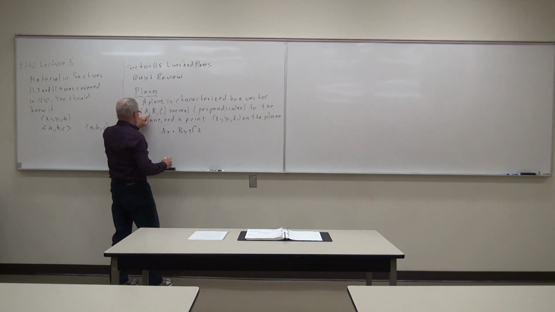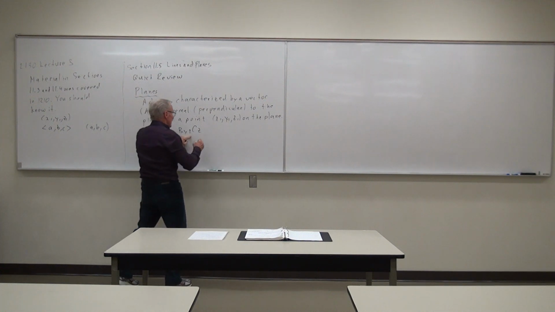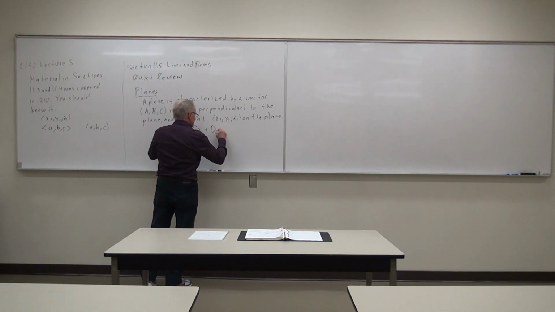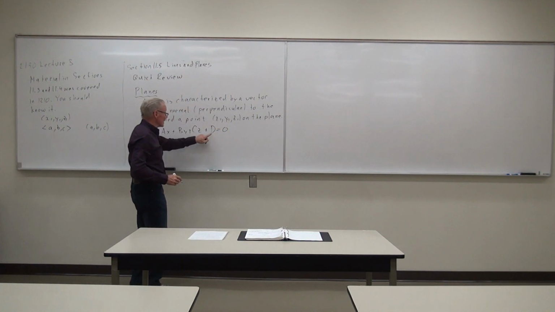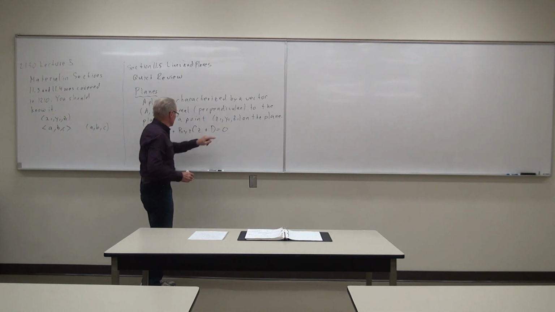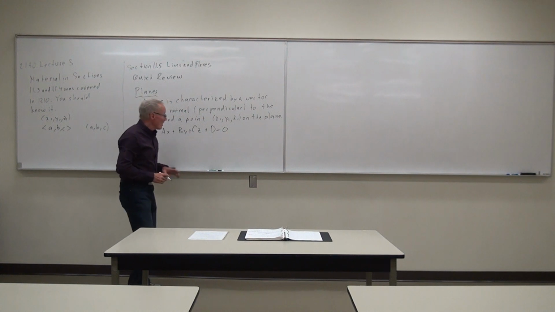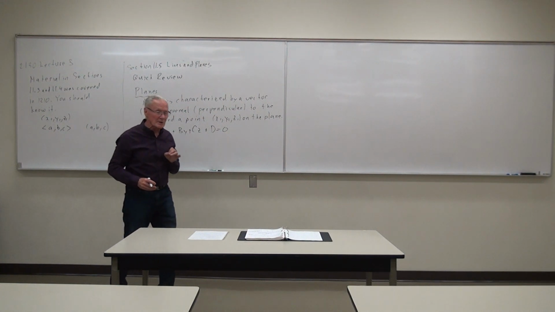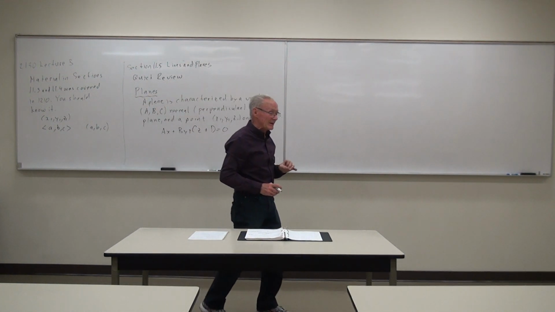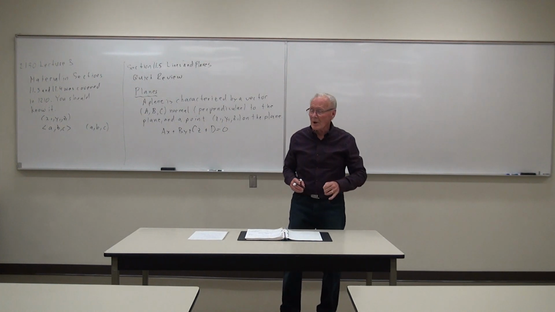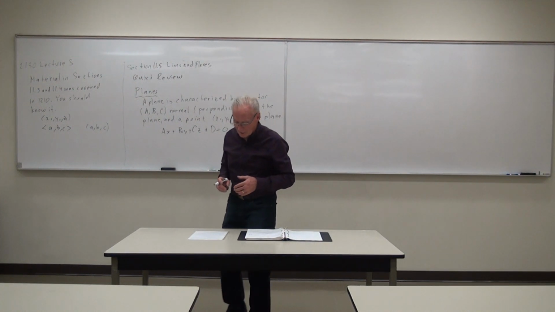Those three components of the vector perpendicular to the plane are the numbers sitting in front of the x and y and z. Then there's a d here, and d you can get by substituting these three numbers in for the x and the y and the z, and you determine d. All linear equations describe planes. All planes are described by linear equations.